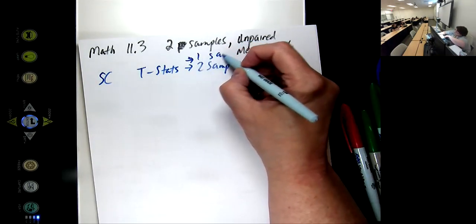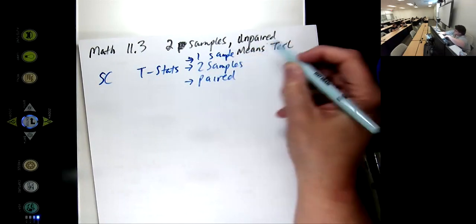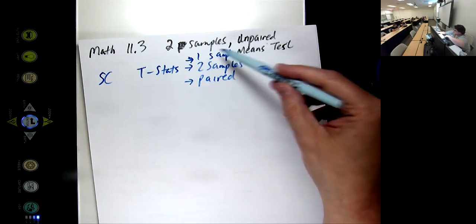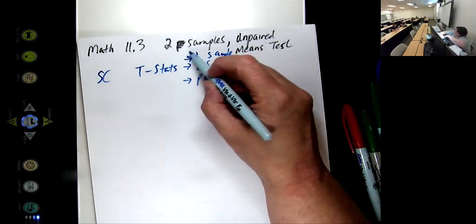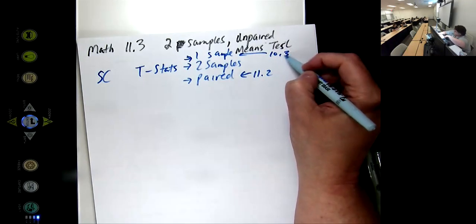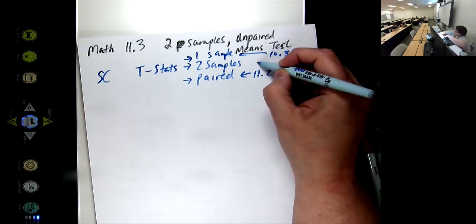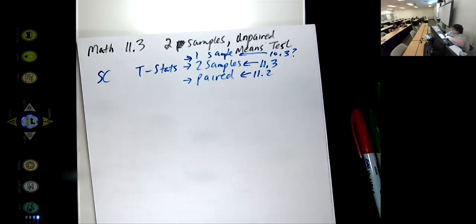It's listed as one sample, two samples, and paired. We did one sample back in chapter 10. We did paired, this was 11.2. This was chapter 10, 10 point something, 3, I think. The two sample one is today. It's 11.3. It doesn't say unpaired, but it is.